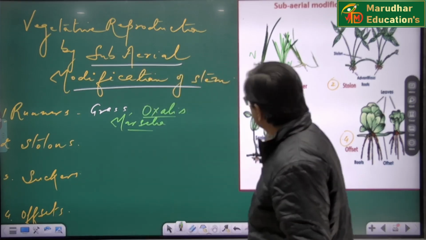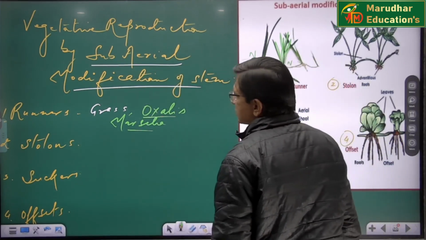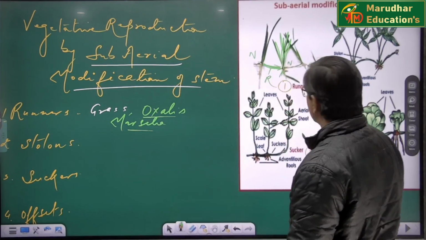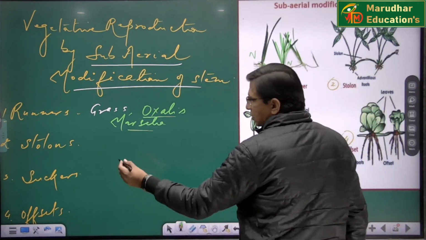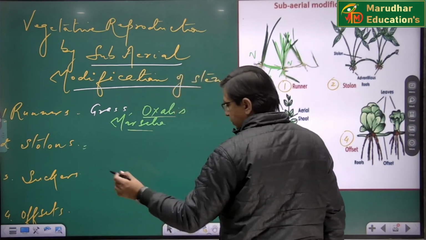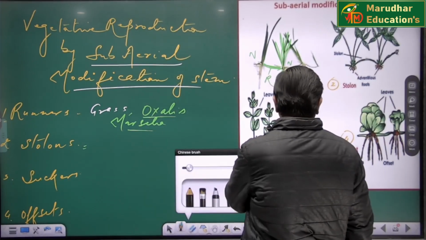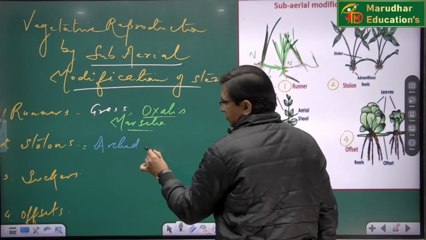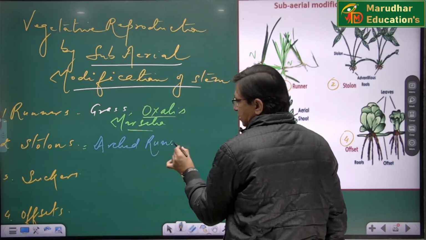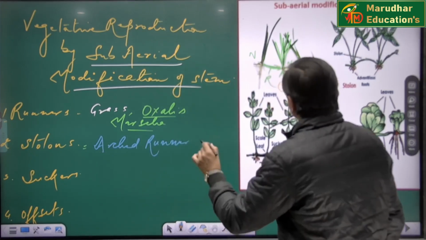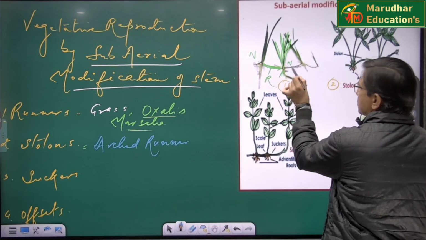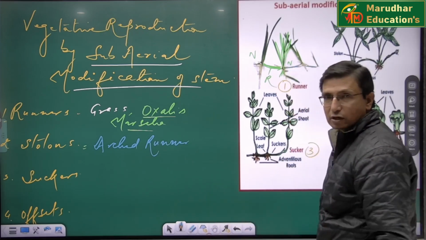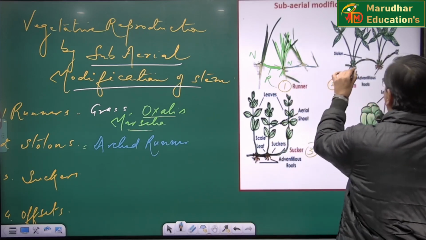Now let us talk about the second subaerial stem modification, that is stolon. Stolons I should say should be given the name arced runners. While a runner is horizontal, more or less straight, in case of stolons they are arced.